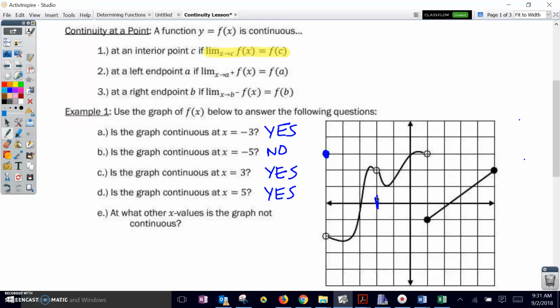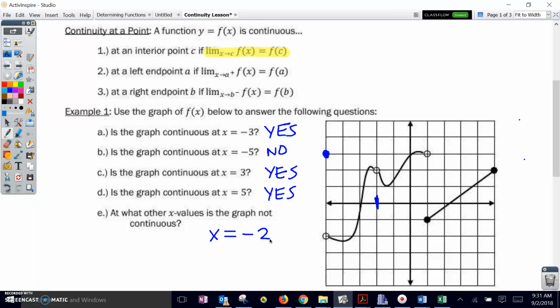Why is the function not continuous at x equals negative 2? Well, first of all, it's not continuous at x equals negative 2 because the function doesn't have an actual value there. In order for a function to be continuous, there has to be a value to the function there, and it has to be the same as the limit. So we have a limit that exists, but there is no function value there, so it's not continuous at x equals negative 2.